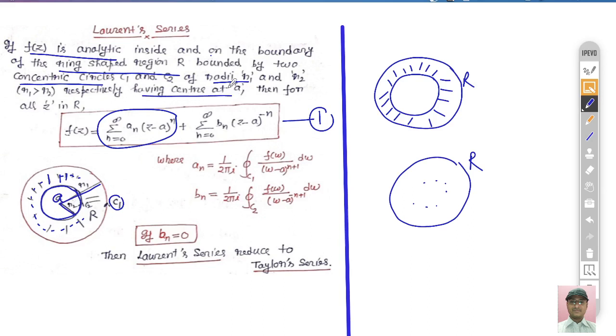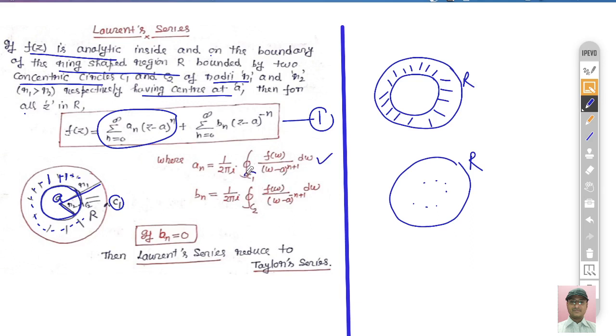The only basic difference between the Taylor and Laurent series is that it is expanded between these two concentric circles, for all z in R, right? Where a_n is 1 upon 2 pi i integration over C1 f(w) upon (w minus a) raised to the power n plus 1 dw, and in a similar way b_n is 1 upon 2 pi i integration over C2.